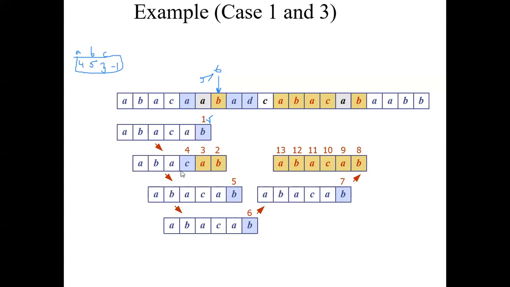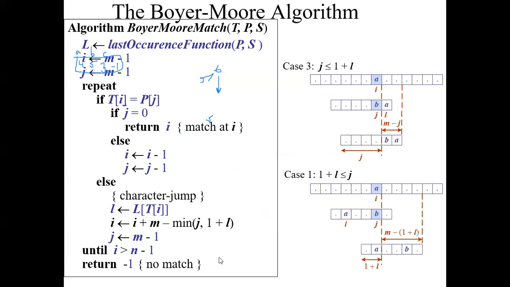J की value is 4. यहाँ पे mismatch हो रहा है. So the new value of I will be, जब भी mismatch होता है, come to this else to make us decide कि I को आगे कितना बढ़ाना है. So this is 4 plus 6 minus min of 4, 5.